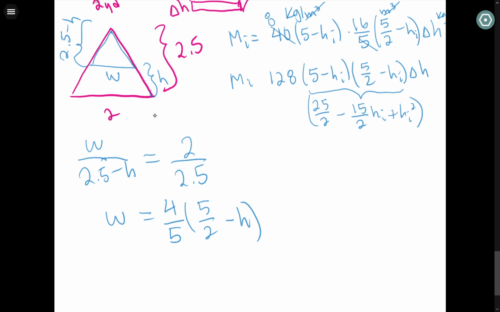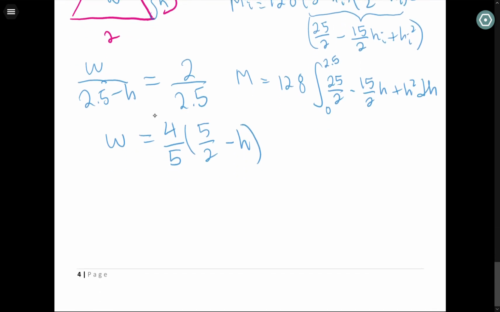And when we go to get total mass, we're going to add all of those up by integrating. So we're going to integrate 25 halves minus 15 halves h plus h squared dh. We're going to start at 0, which is the bottom, and we're going to stop at 2.5.